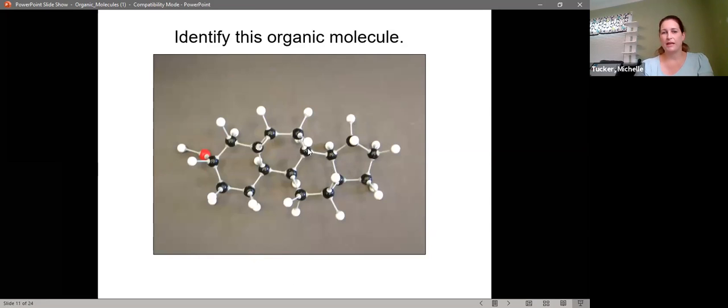Lipids have very little oxygen. The molecules are all black and white because they're made up primarily of about 95% carbon and hydrogen, and you get a tiny, less than 5% of oxygen. So triglycerides, steroids, black and white.